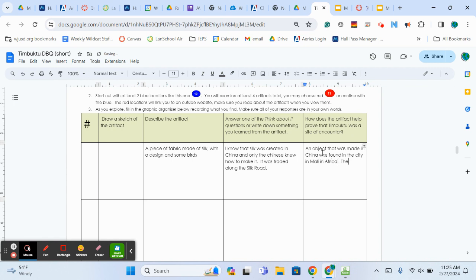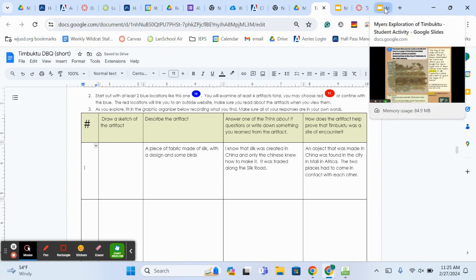The two places had to come into contact with each other. And I want to make sure, don't forget this, that this was artifact number 1. So I'm going to label that as number 1.